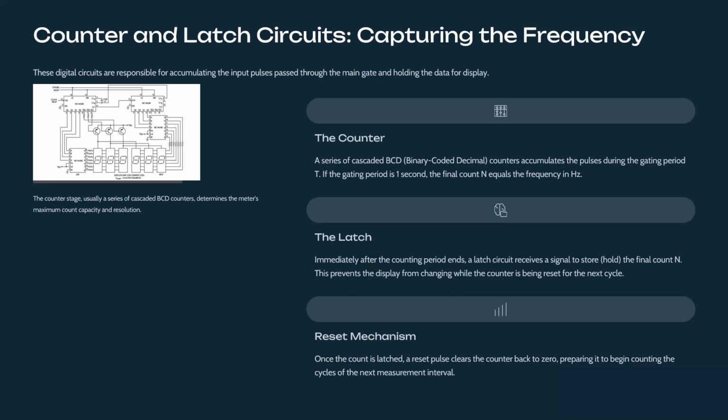The latch: immediately after the counting period ends, a latch circuit receives a signal to store the final count. Reset mechanism: once the count is latched, a reset pulse clears the counter back to zero, preparing it to begin counting the cycles of the next measurement interval.